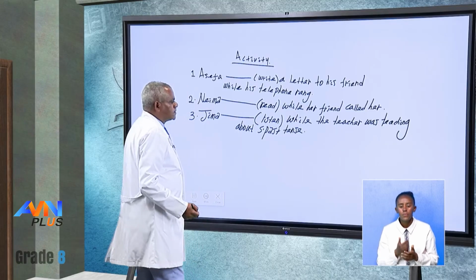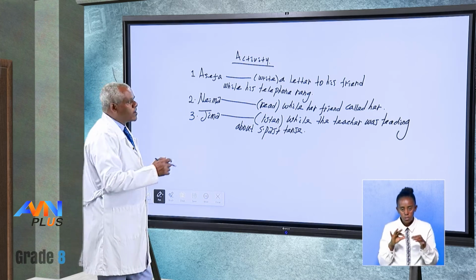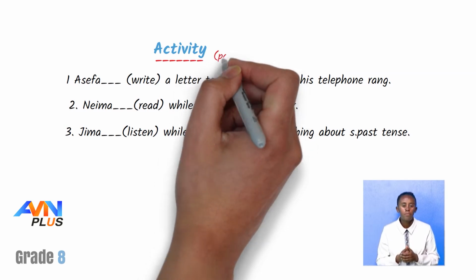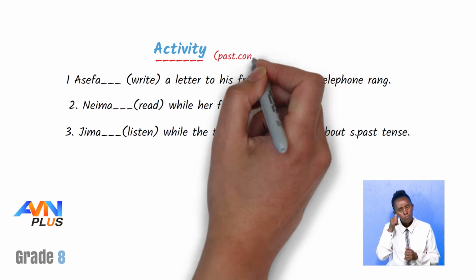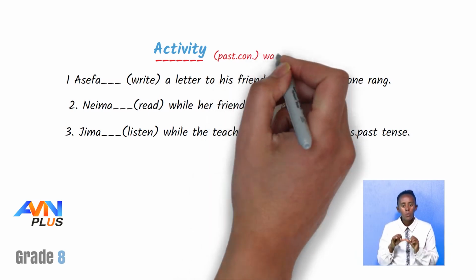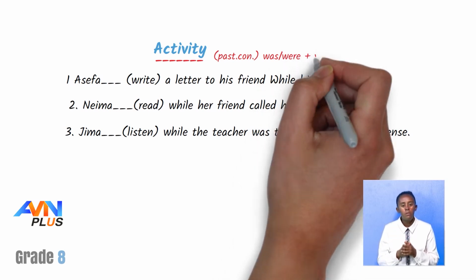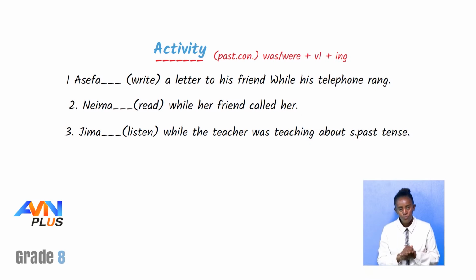Good, students. Do you mind completing these three sentences using past continuous tense? To remind you, the past continuous tense form is was and were plus verb in the ing form.